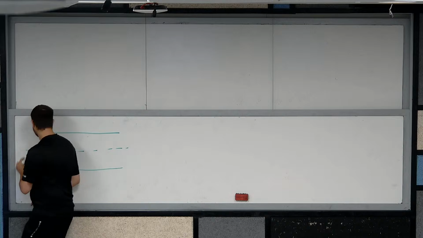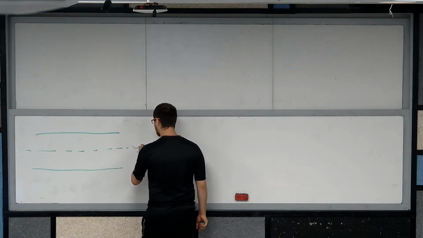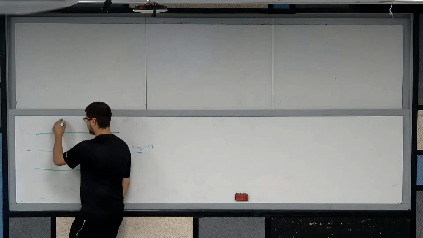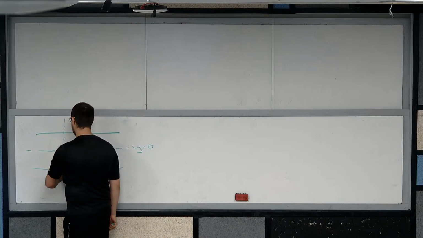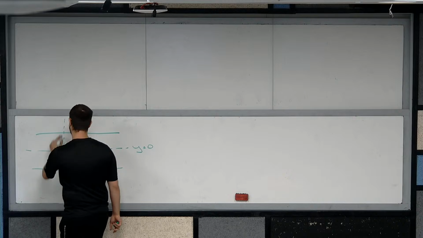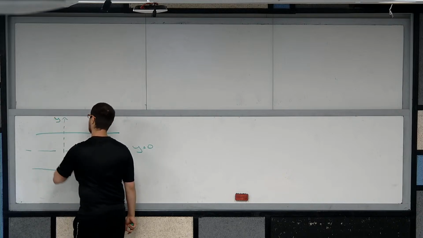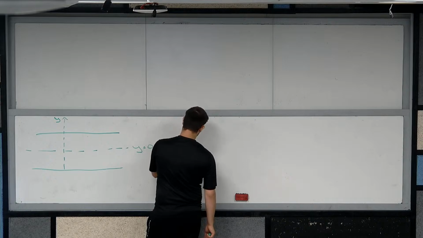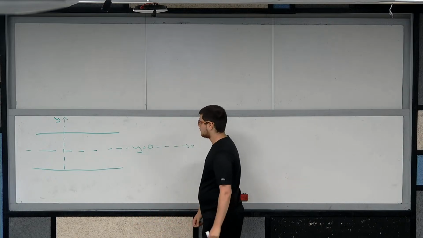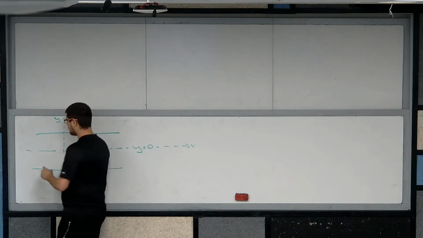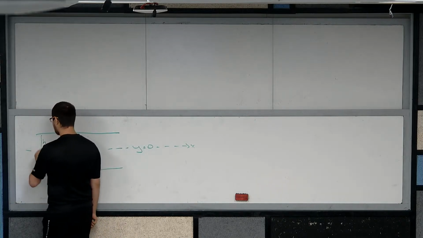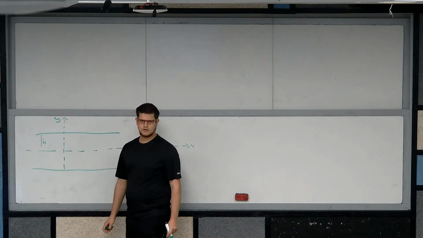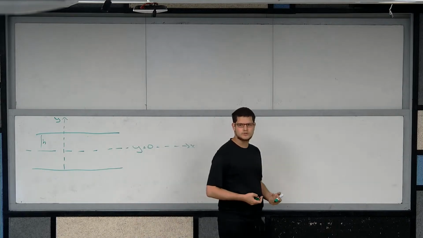The pipe is centered at y equals 0, and here is the y-axis, and that is the x-axis. The radius of the pipe is h, and we assume it's very large.